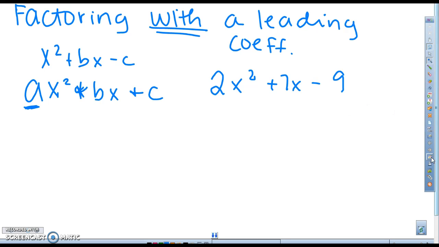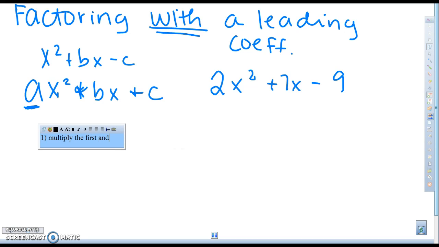So our steps. There it is. Okay, the first thing we're going to do is to multiply the first and last coefficient. Maybe I can spell coefficient right.